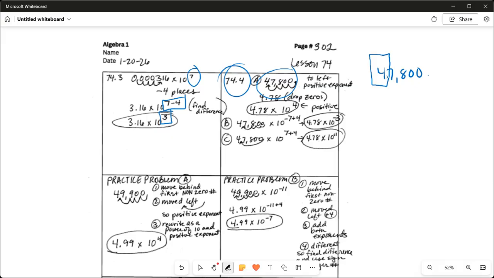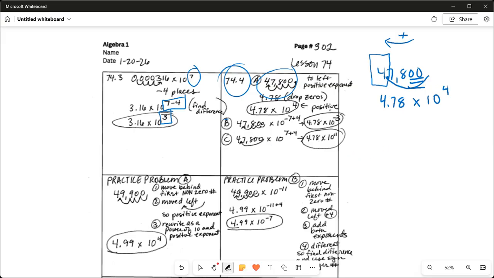So it's going to be behind this 4. So we're moving it 4 places to the left this time. And so if we move it to the left, remember that that's going to be a positive exponent. So it will be 4.78. We're going to drop these zeros because they're not significant. So 4.78 times 10, and we moved it four places, so it's going to be a positive 4.